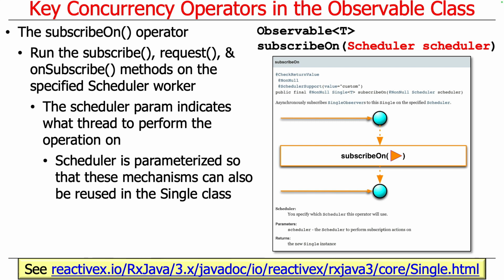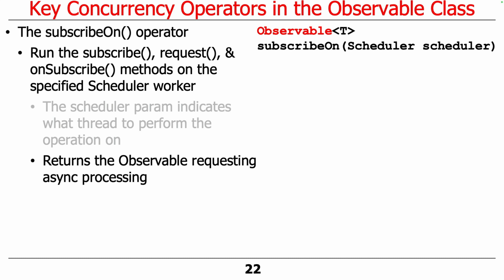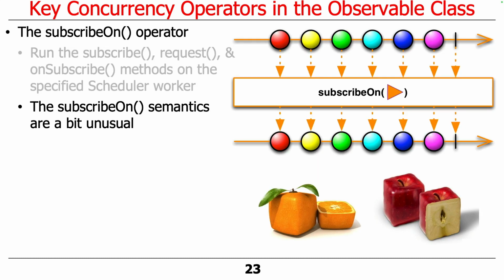That way we can plug and play schedulers independently or orthogonally to the different types of reactive streams processing classes that are provided by RxJava. Subscribe on returns the observable that's requesting this asynchronous processing in that scheduler context.